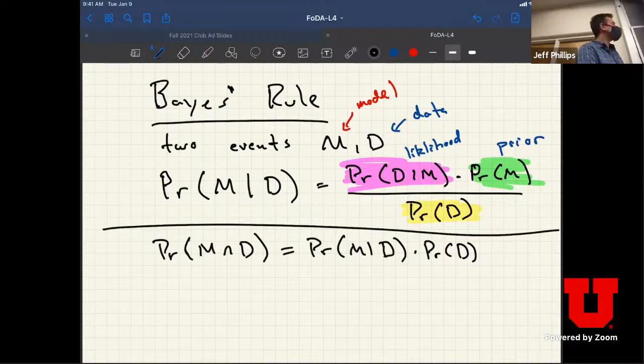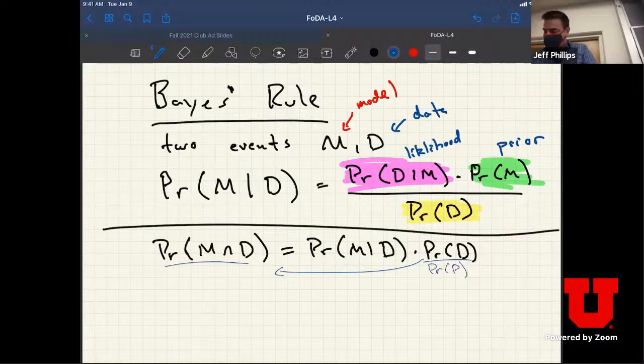This is true because I could have moved this term over onto this side, dividing through by the probability of the data on both sides, and that's just the definition of the probability of the model given the data.